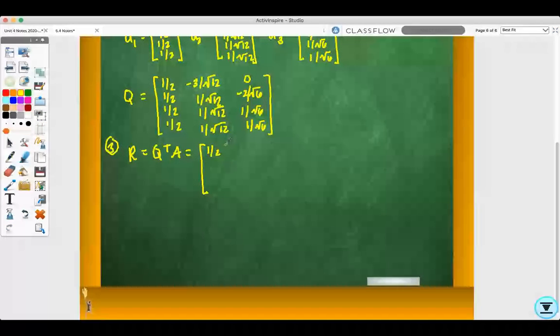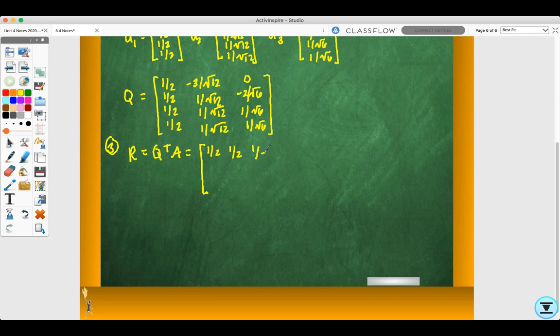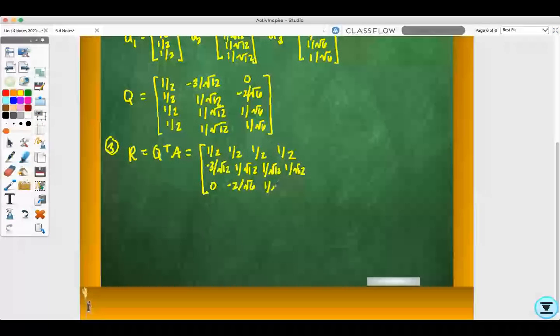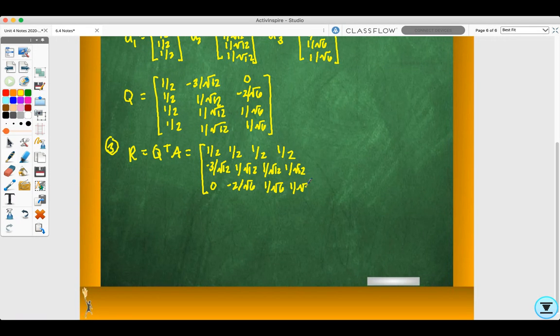So it'd have 1/2, 1/2, 1/2, 1/2; negative 3 over the square root of 12, 1 over the square root of 12, 1 over the square root of 12, 1 over the square root of 12; and 0, negative 2 over the square root of 6, 1 over the square root of 6, 1 over the square root of 6.